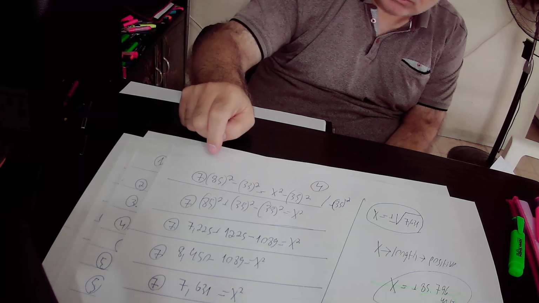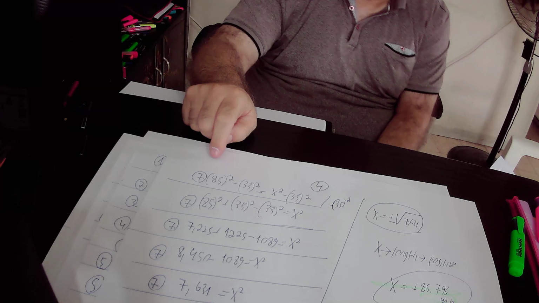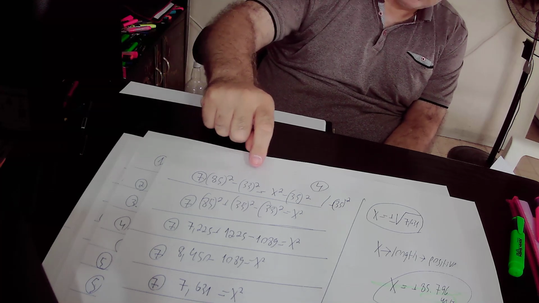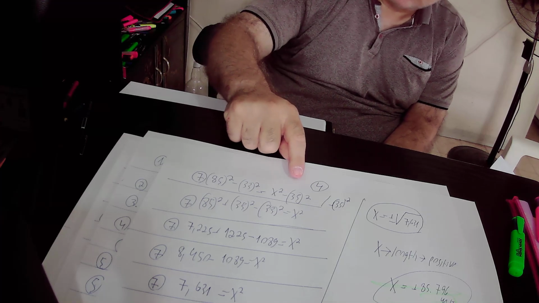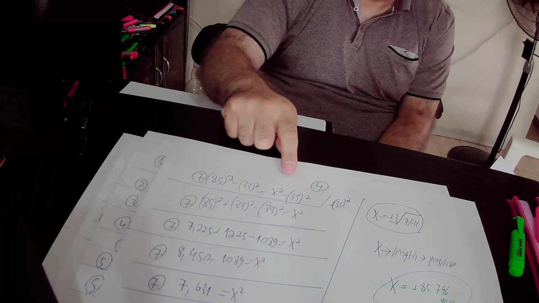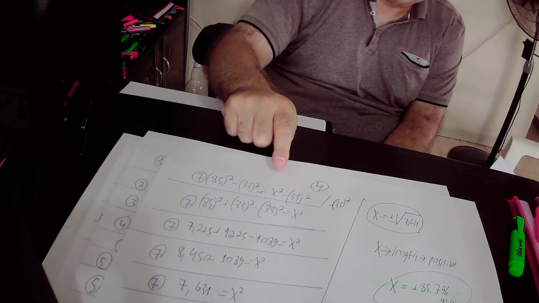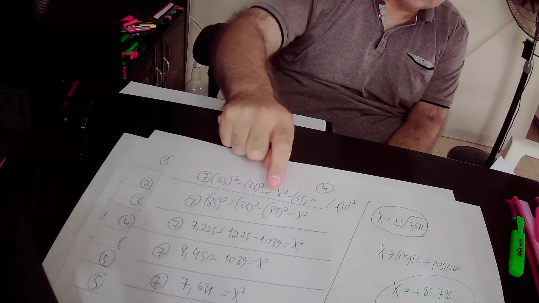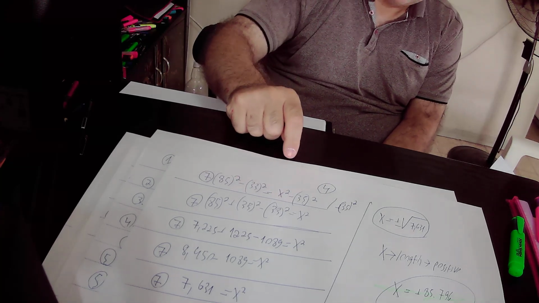So in conclusion, we found out that according to equation number 7, 85 square minus 33 square equals to x square minus 35 square. Then we added 35 square to this equation number 7, we found out that 85 square plus 35 square minus 33 square equals to x square.